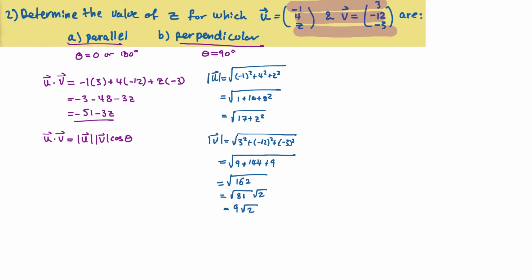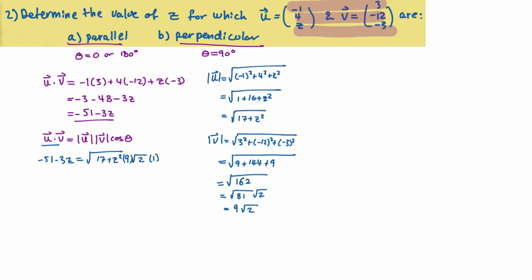Now, if you wanted to use the dot product to solve part A, then u dot v, we know that's negative 51 minus 3z, is equal to the magnitude of u, which is root of 17 plus z squared, multiplied by the magnitude of v, which is 9 root 2, put this in brackets, and cosine of theta. Cosine of 0 is equal to 1, and cosine of 180 is equal to negative 1, so I'll just choose 1 for now.